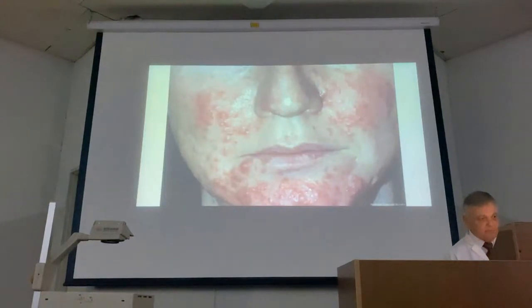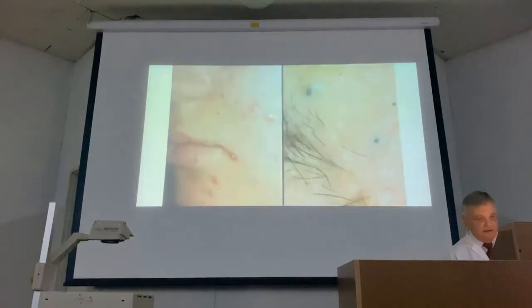There are so many problems, skin rashes and skin diseases in the face. Some people also complain of black spots in the face. They are called comedones. They also try to squeeze them.